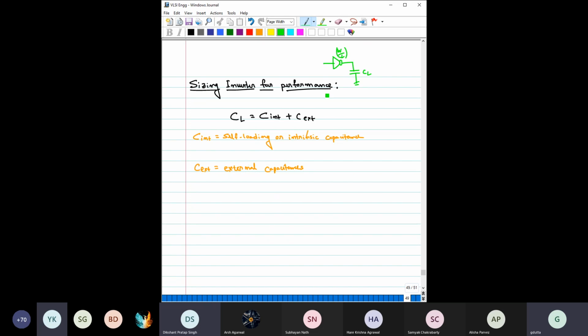So here we should understand, just to have a recap, that the total capacitance is not actually the CL, so I should write here C external. So the total load capacitance CL is equal to the C intrinsic capacitance plus C external. It is better to say intrinsic, because this is due to the self-loading.